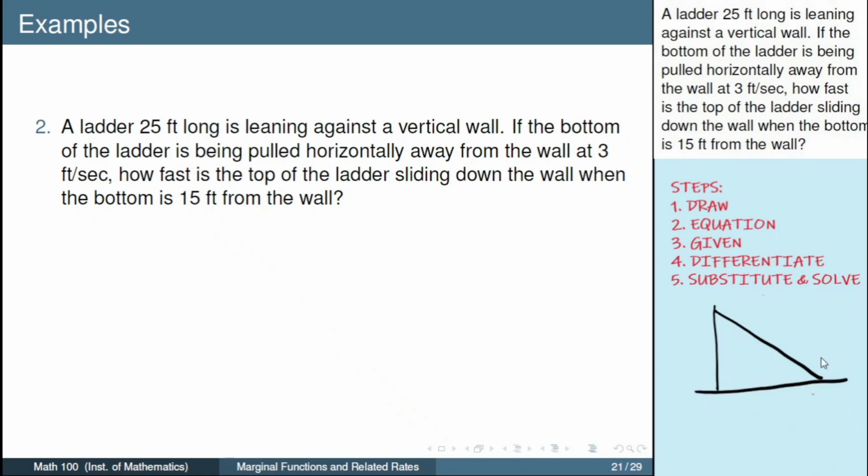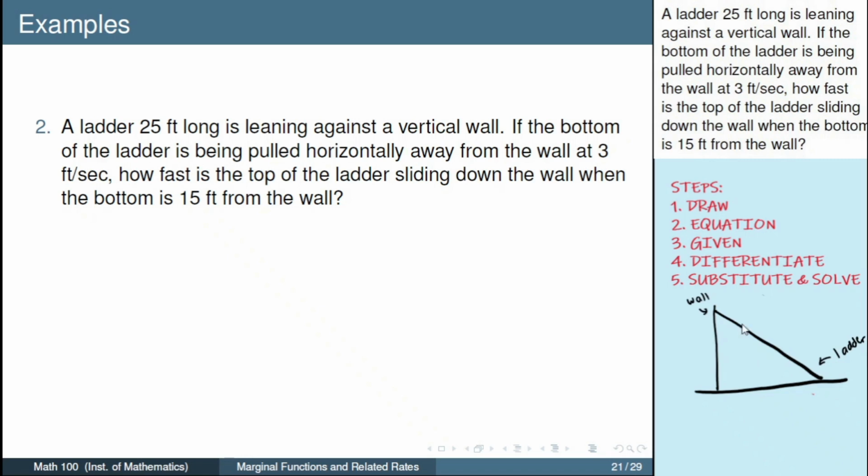Okay, so now this is our ladder, and this is the wall. Okay, and ang una natin gagawin is to identify kung ano yung mga quantities na changing at ano yung mga quantities na hindi nag-change. That means constant, because for the quantities that are changing, we will let a variable for that.